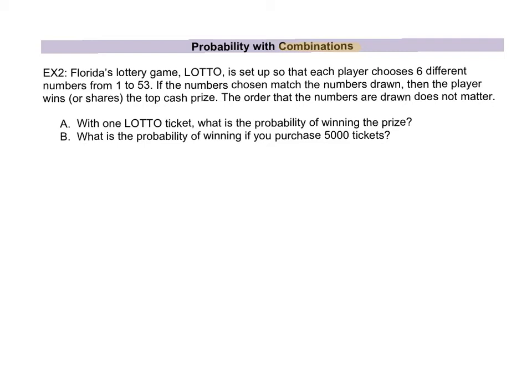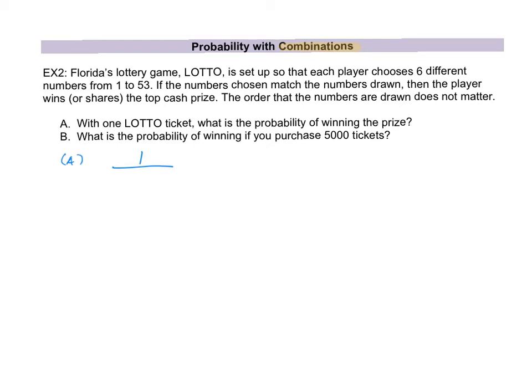But Florida does have a lotto. In part A, it says, with one lotto ticket, what is the probability of winning the prize? Okay, so think about this. In how many ways can you win? That's our event. Well, you bought one ticket. Since all 6 numbers have to match, for part A, there's only one way that you can win. So in the denominator, that's all possible outcomes when choosing the 6 numbers.